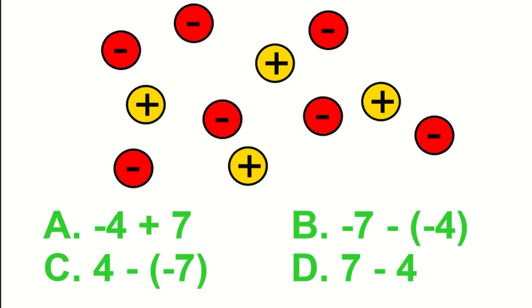David? C is incorrect. Gray? Alexandra? B is correct.